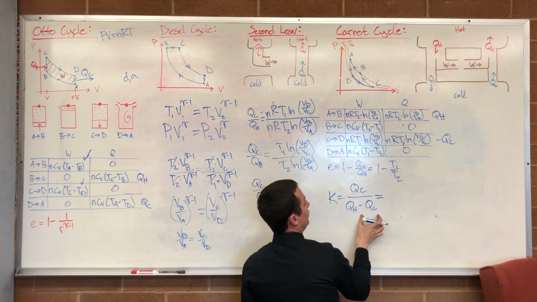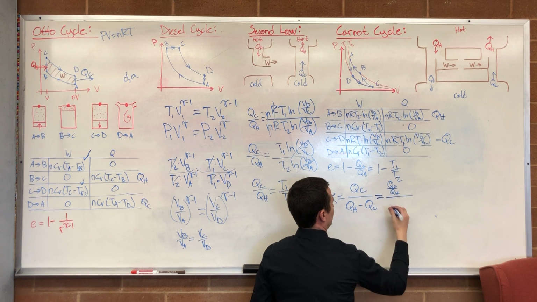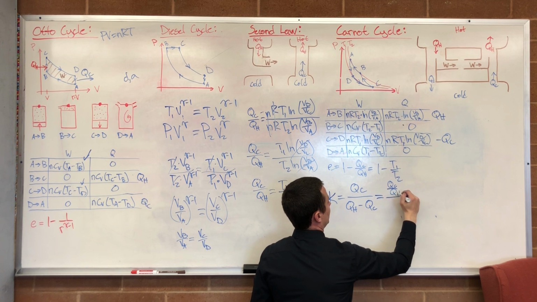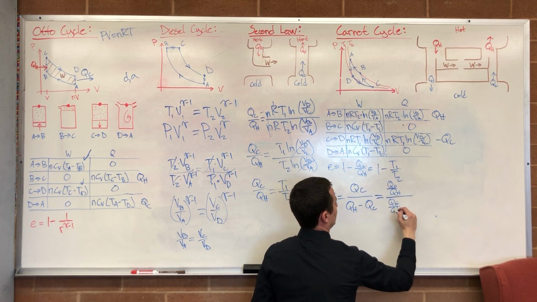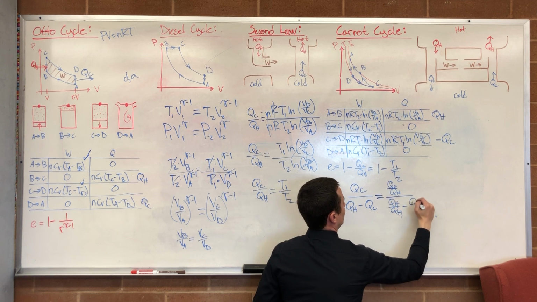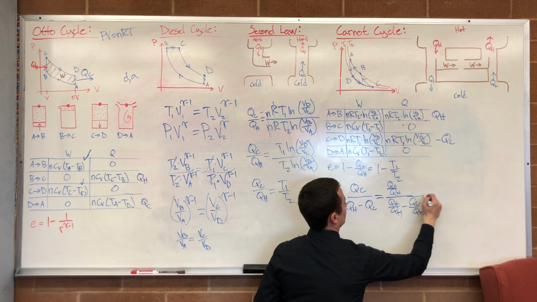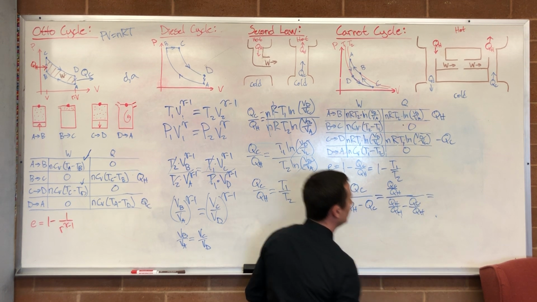So QC over QH minus QC is the same thing as QC over QH divided by QH over QH minus QC over QH. You with me? Oh yeah, I see it.